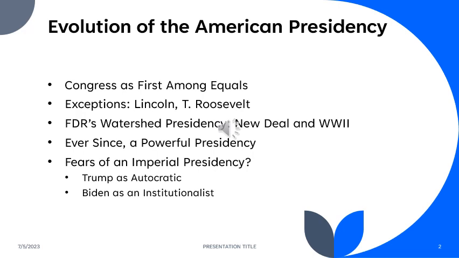And also, we emerge out of World War II as a global superpower. We have been moving in that direction for quite some time, but after World War II, it is a done deal. We are now one of two global superpowers. On the other side is the Soviet Union.